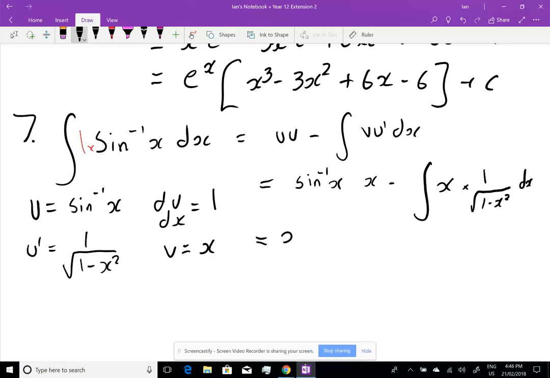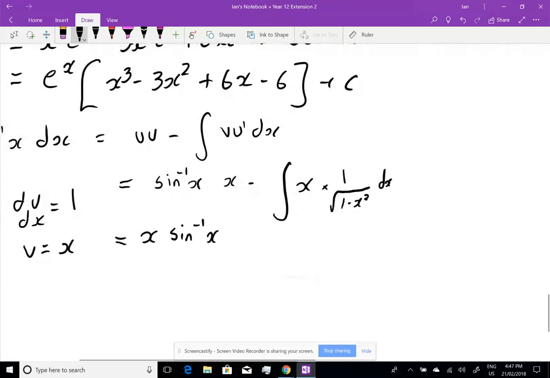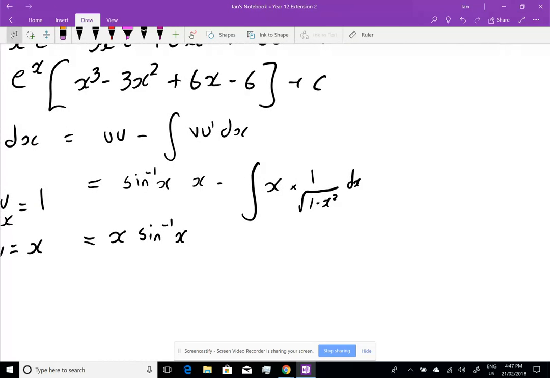So you get x inverse sine x. Let's have a look over here. What am I going to get? I get x on the square root of 1 minus x squared.